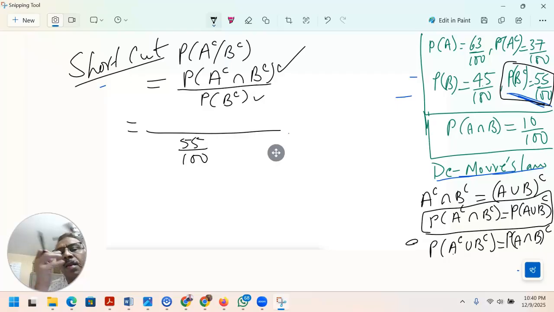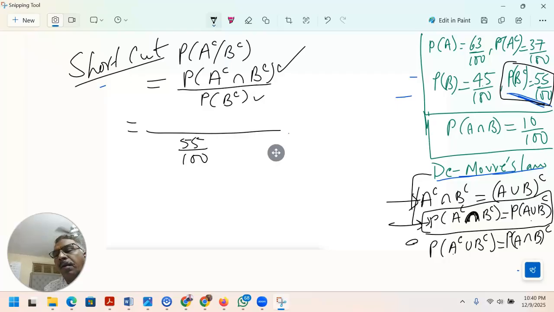And for this piece we can use another formula, De Morgan's law: the probability of A complement and B complement is the same as, you can write, A union.